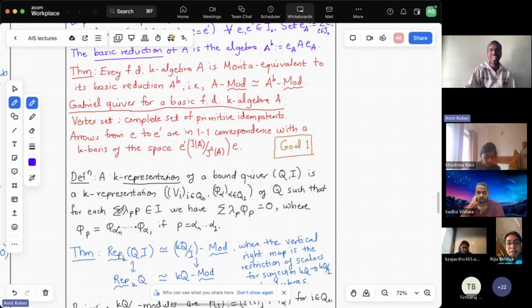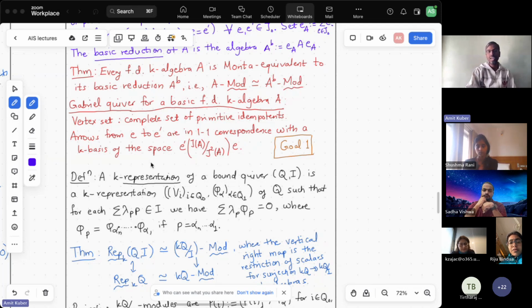For that relation, this particular quantity in an appropriate vector space should be 0. So phi p is the notation for the iterated application of phi, like phi alpha s composed with phi alpha s minus 1 up to phi alpha 1. We have to put this extra condition.